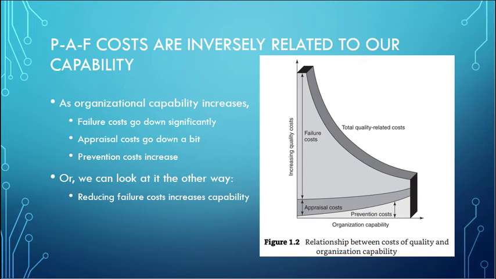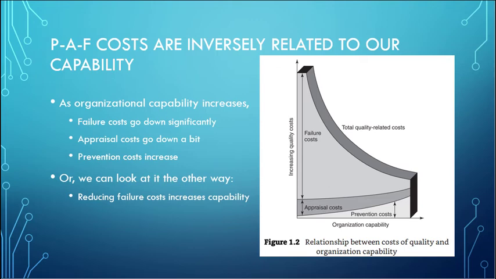This graph is showing the relationship between the total cost of quality and our organization's capability. So the Y dimension here is the total cost of quality. And that's the sum of our prevention costs, our appraisal costs, and our failure costs. And then the X dimension is our organization's capability.